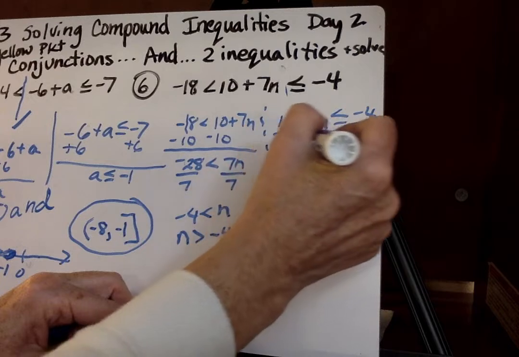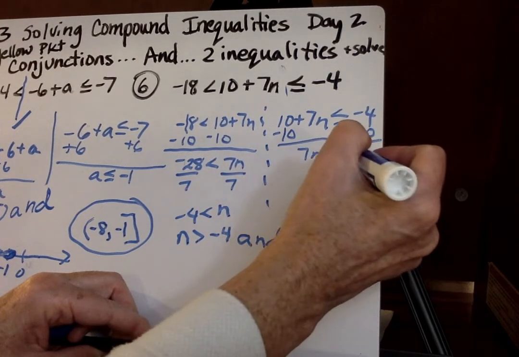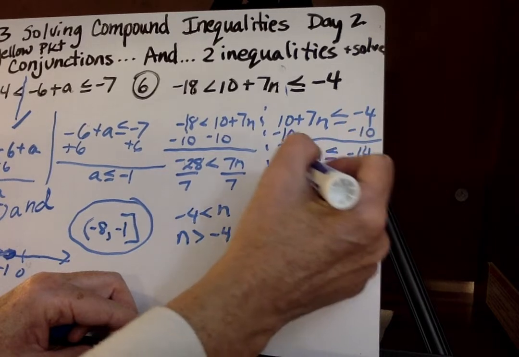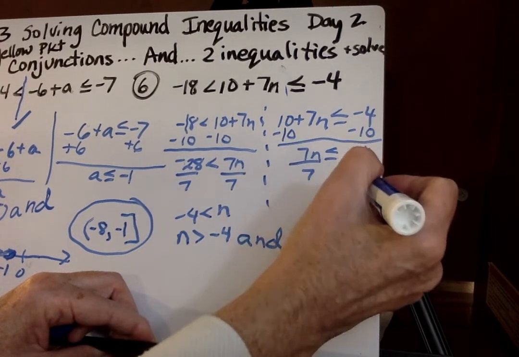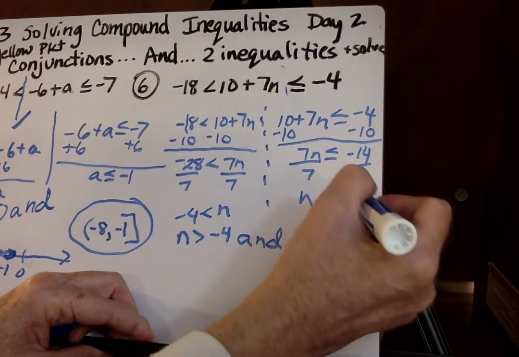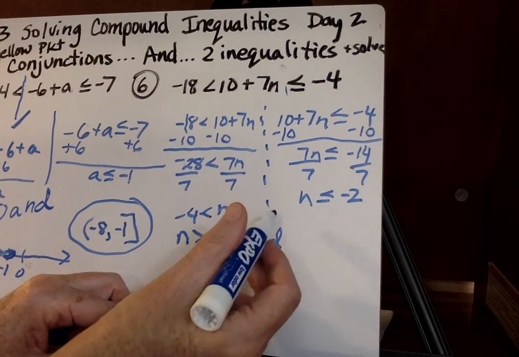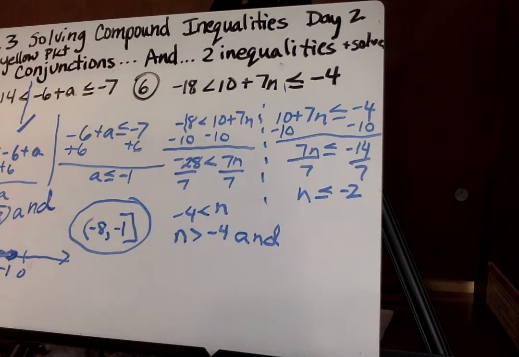This is positive. 7n less than or equal to negative 14. So n is greater than negative 4, and n is less than or equal to negative 2.